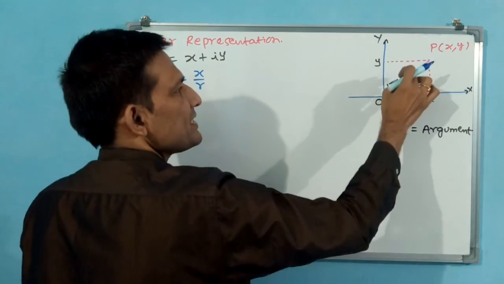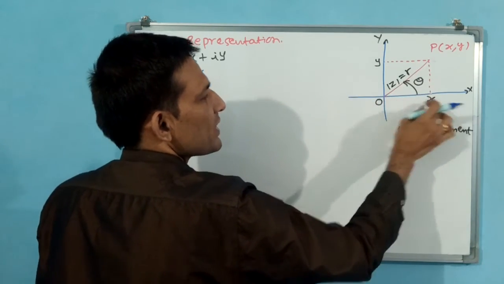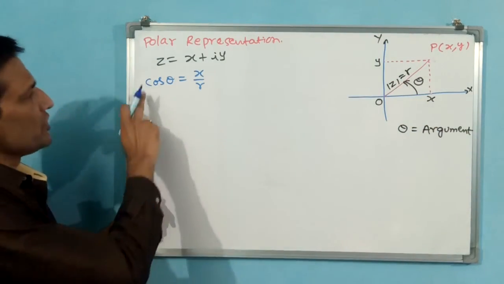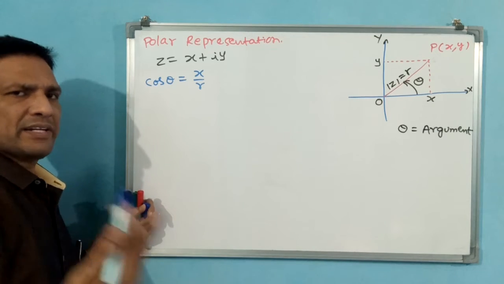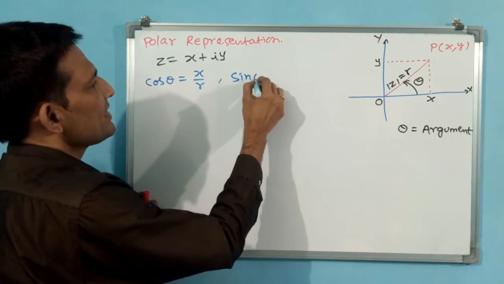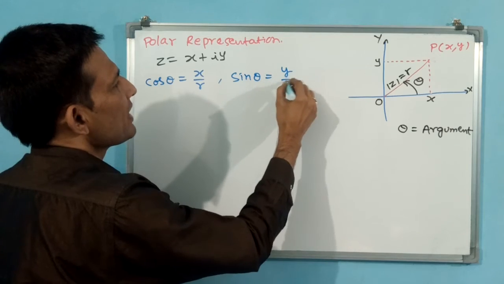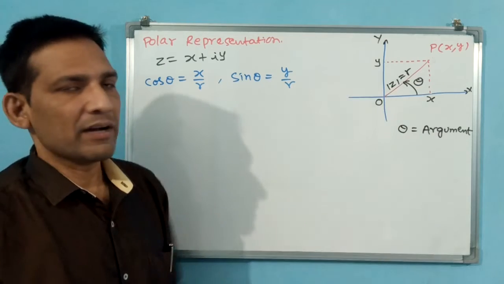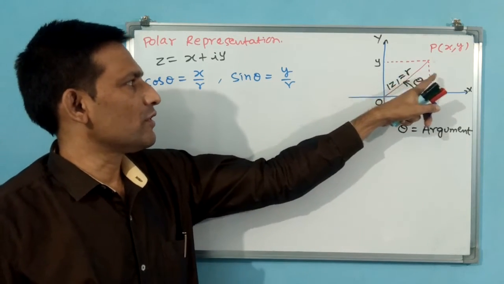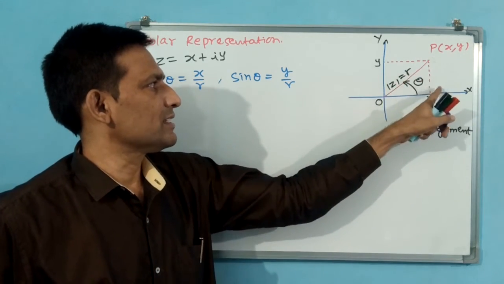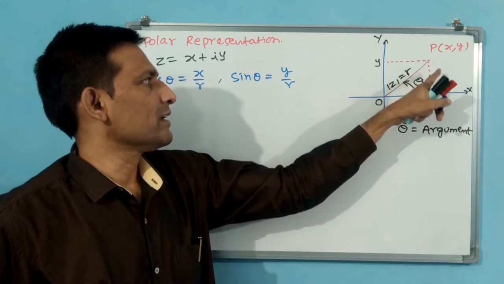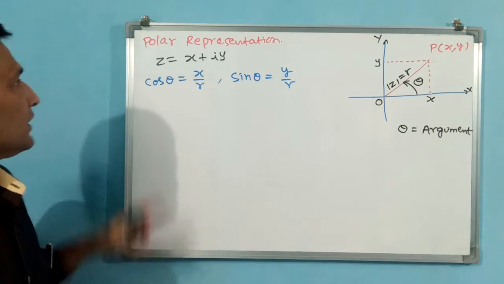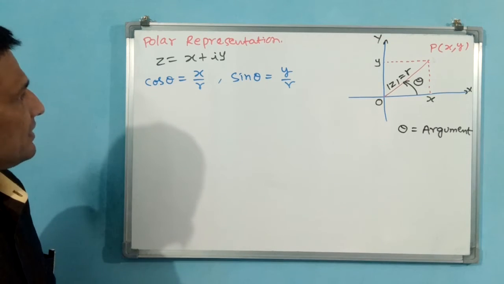Because O to P is r, and O to x is x. Definitely I can write. Then shall I write sin theta is equal to y by r? This is y by r, opposite side by hypotenuse. These are cos theta and sin theta.